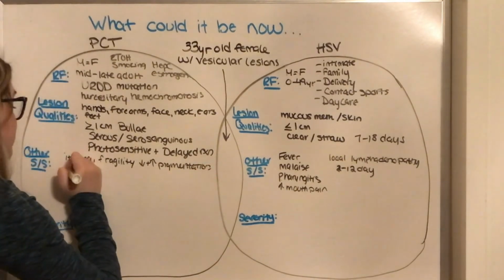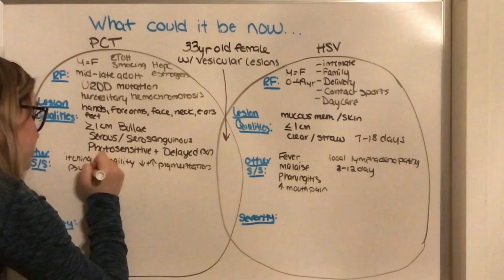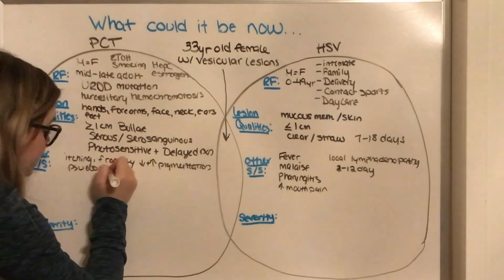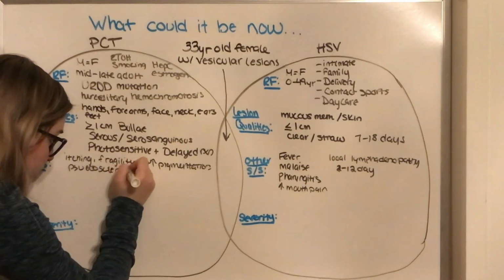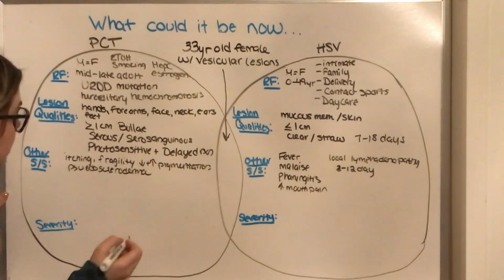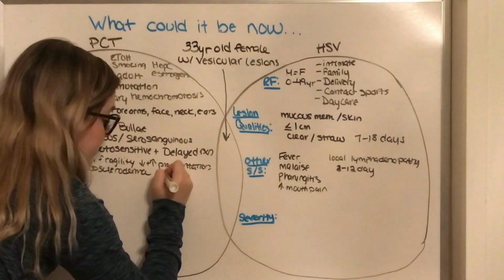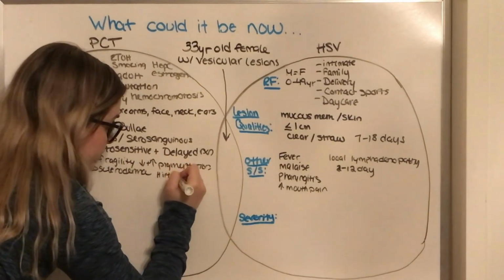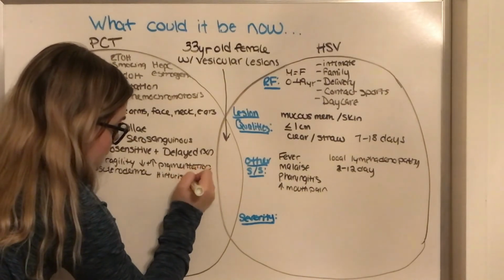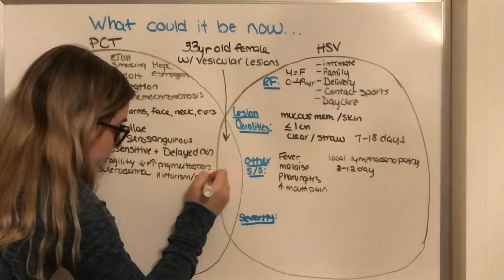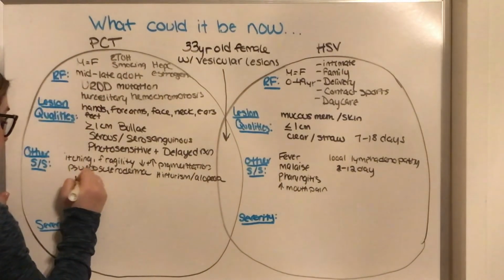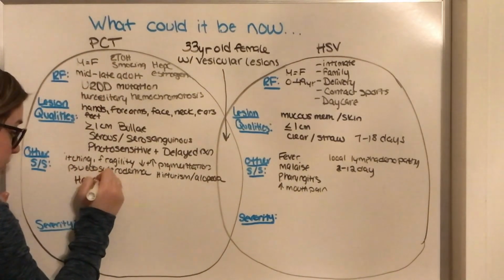You're going to see pseudoscleroderma. Hirsutism can be seen in these patients, and also alopecia. And a big one is hepatic involvement.